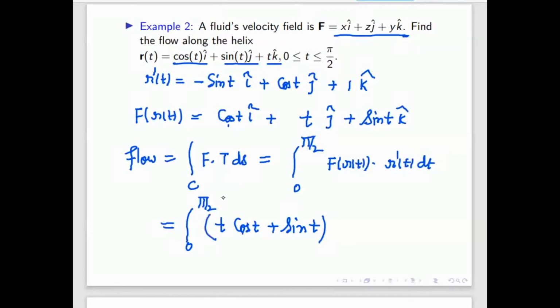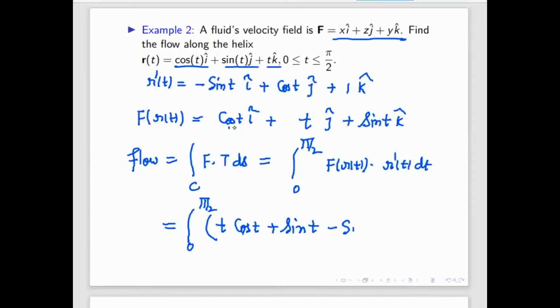Okay, the minus sin t and cos t will also come. The first term will come as minus sin t cos t dt. So in the dot product, cos t is multiplied by minus sin t, then cos t multiplied by t is this one, and 1 multiplied by sin t is this one. So if you integrate this with respect to t, you will get the flow.